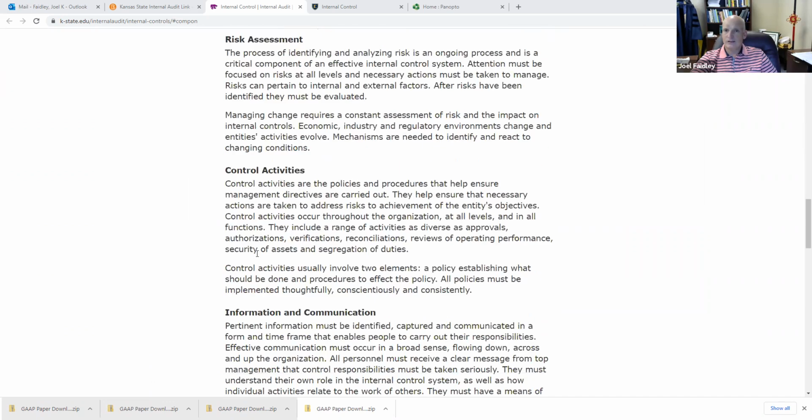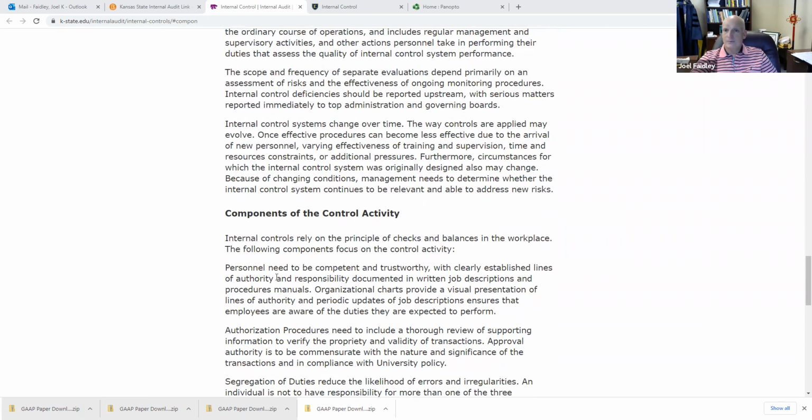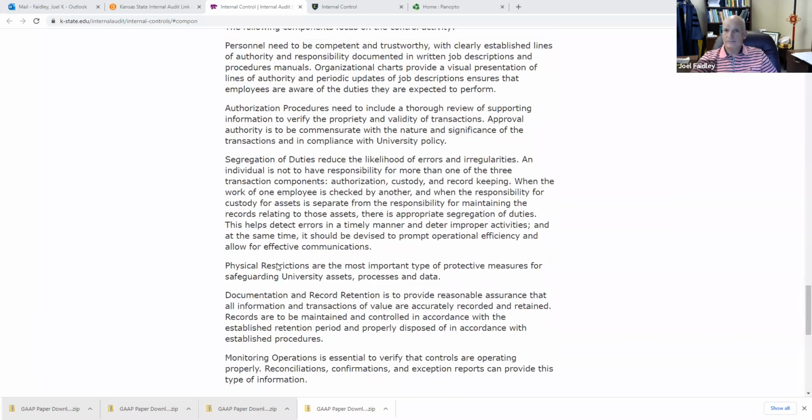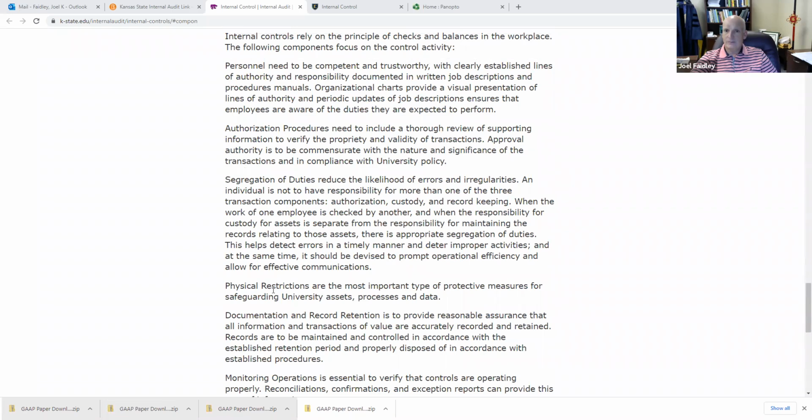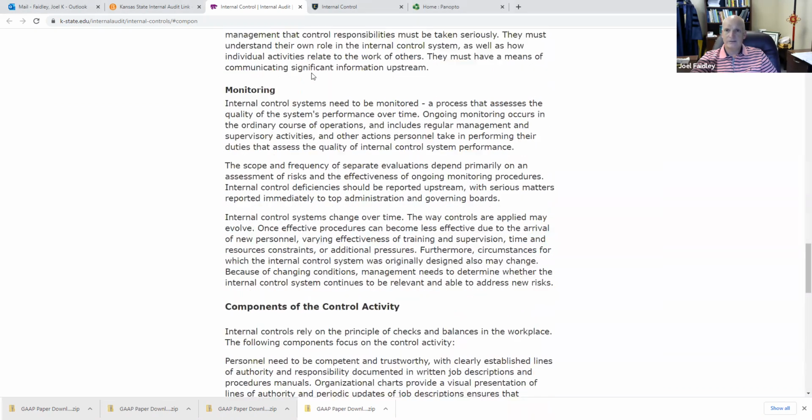Risk assessment, control activities, information communication, monitoring. Components of control activity. They go into some detail there with physical restrictions on assets, and segregation of duties is mentioned. So I would encourage you to read both ETSU's and K-State's. I don't have access to a private or publicly traded corporation, but we do have access to universities like this that are state funded.